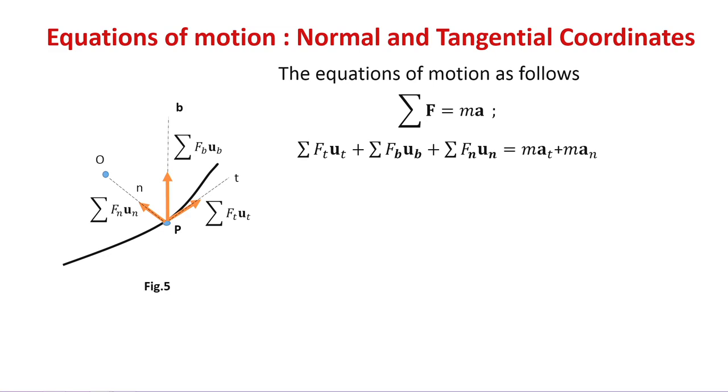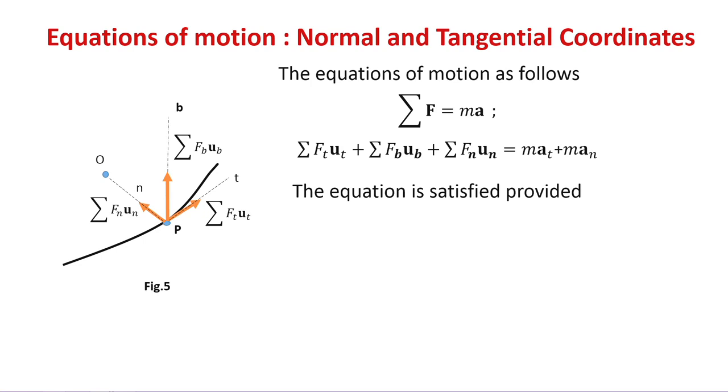In the tangential direction, summation of Ft ut plus summation of Fb ub plus summation of Fn un, where ut, ub, un are the unit vectors, is equal to mass into the acceleration in the tangential direction plus mass into the acceleration in the normal direction.